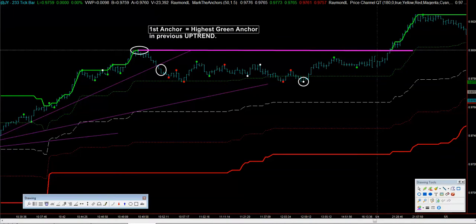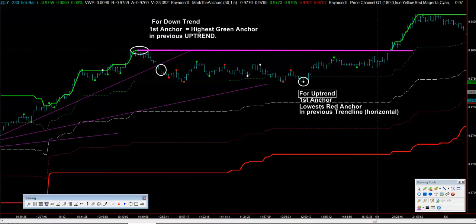Now we are looking to draw an upward trend line, and we have our first anchor, which I'm going to mark now. Okay, so I made a few adjustments to the text. This is for a downward trend. That was this one here, but it turned out to be a horizontal. Now for the upward trend, this is the first anchor. It is the lowest red anchor in the previous trend line, which just so happened to be a horizontal one.